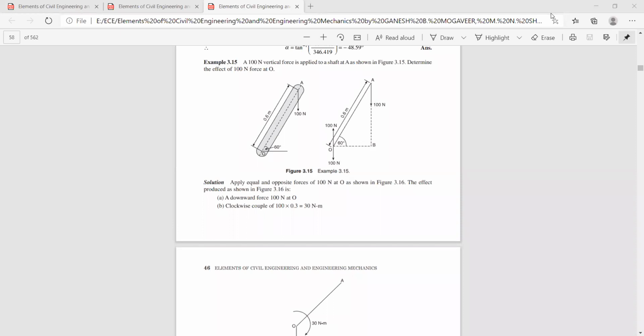Any doubts, any clarification you need? Nitin, yes? Clear idea of the concept? Purushottam, are you there? Yes, sir. Concept is clear? You know how to resolve a given concurrent force? Yes, sir. Okay, fine.